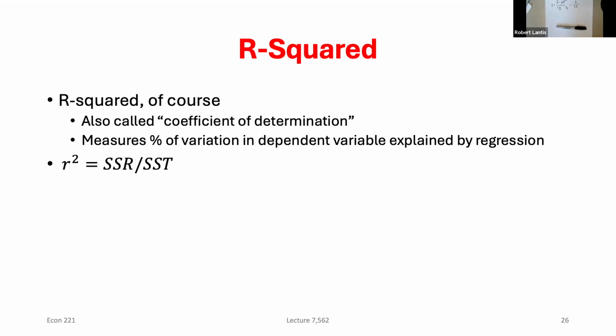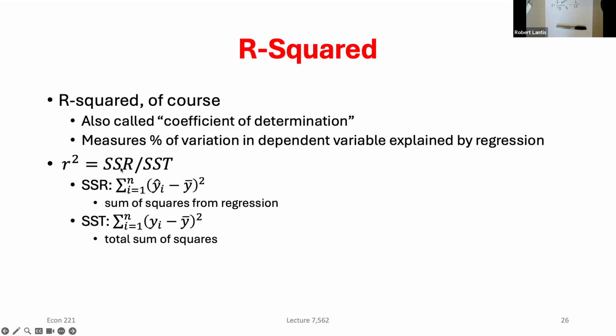So there's going to be something called the sum of the squared residuals and the total sum of squares, right? So we can think about what this is telling us. Here I'm looking at the deviations of my predictions from the average y value. So this is how much variation would exist in the data if the only thing going into y was the different x values and my slope and intercept coefficient. This doesn't include the error term, right?